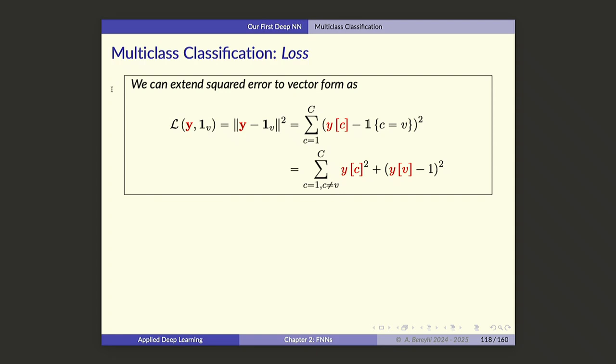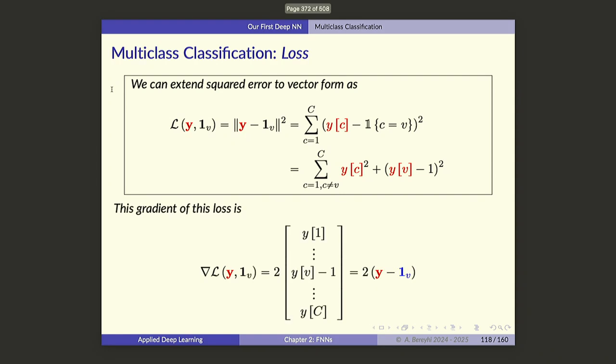And can you compute the gradient for this? If I want to compute the gradient, what should I do? I should compute the gradient with respect to y. Great. Yes, you can do it, right? This is just a square term. It's very easy. You just need to compute the partial derivative with respect to every single entry of y. So the partial derivative with respect to, for instance, y1, if 1 is not the true class, say v is not 1, then it's going to be 2 times y1.